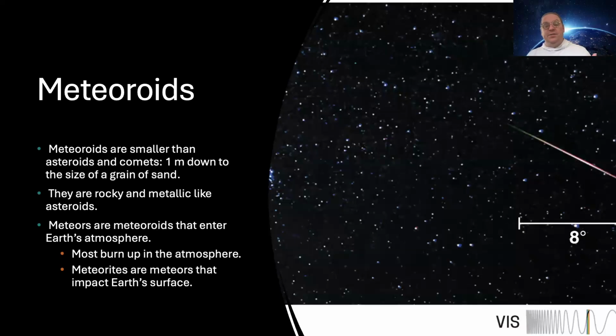Meteoroids have compositions very similar to asteroids. One can think of meteoroids as asteroids, just on the smallest scale. Meteoroids typically range in size from 1 meter down to grains of sand, which are known as micrometeorites. And fun fact, 60 tons of meteorite material falls to the Earth every single day.